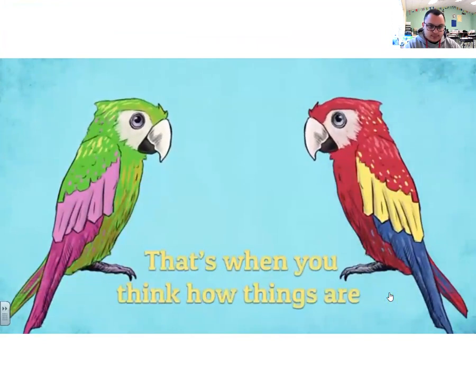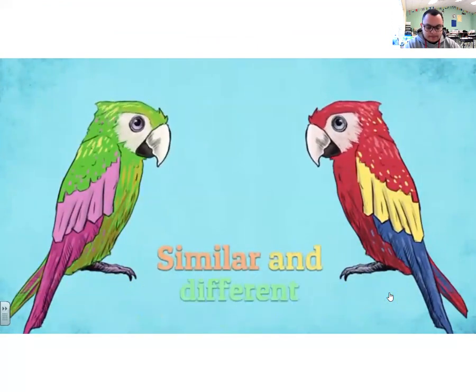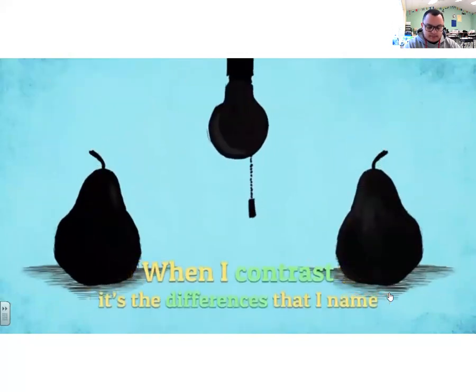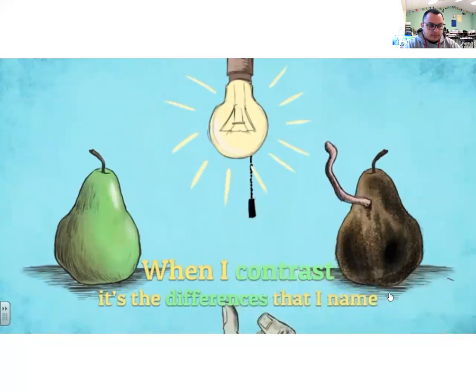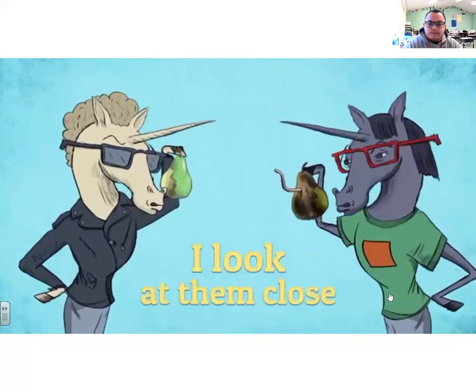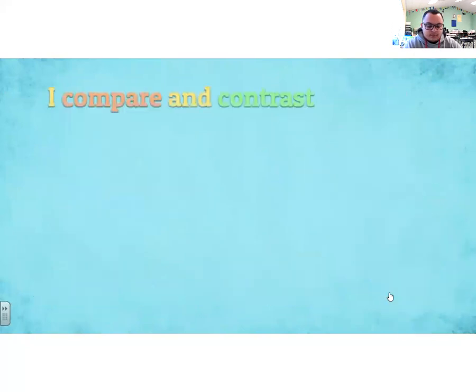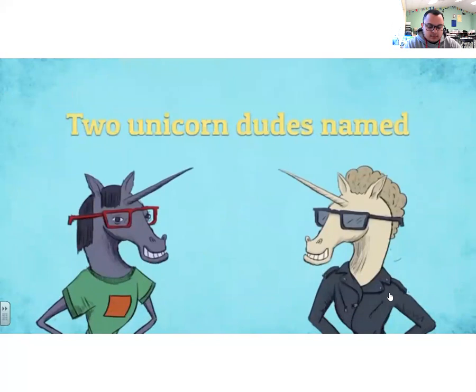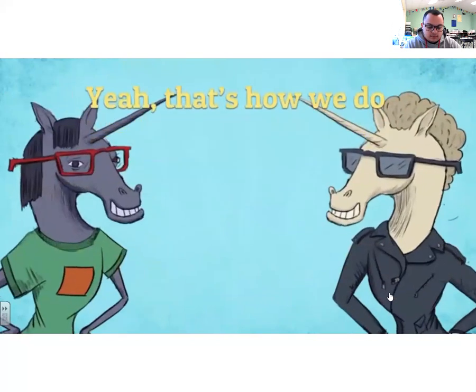Get with it. That's when you think how things are similar and different. When I compare things, I talk about how they're the same. When I contrast, it's the differences that I name. I analyze how they're similar and different. I look at them close. Yeah, I get specific. I compare and contrast two books, three foods, two unicorn dudes named Hofi and Sue. Yeah, that's how we do.